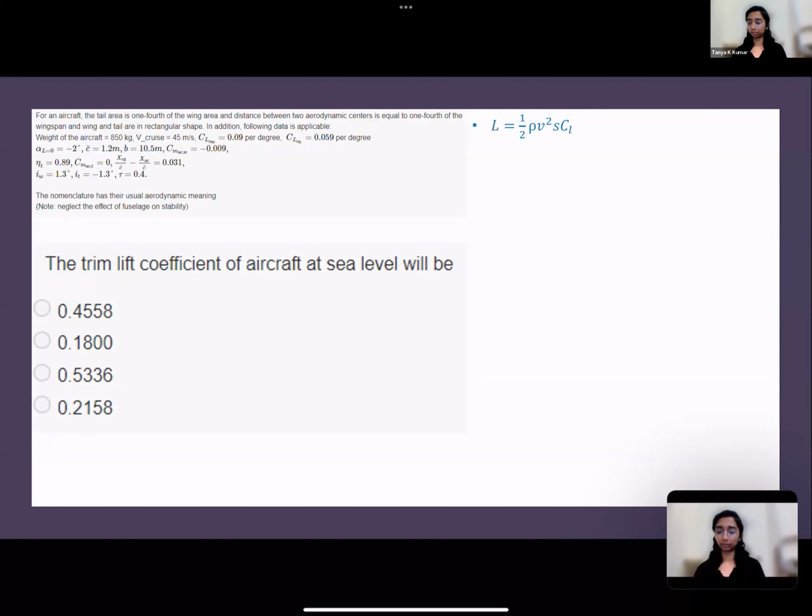At what conditions is it 1.225? Is the temperature given to you anywhere? 1.225 is at sea level, right? The question says sea level. We have taken this value almost in every question. You shouldn't be asking this question now, right? 1.225 sea level. Okay. Density at sea level 1.225. All right. Now tell me what is CL trim.